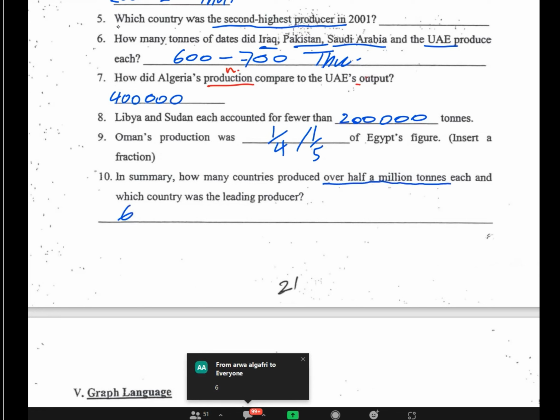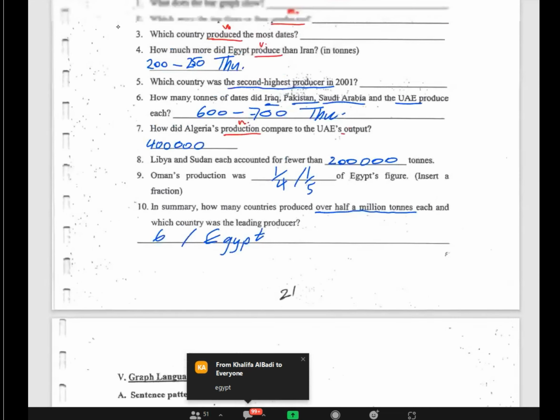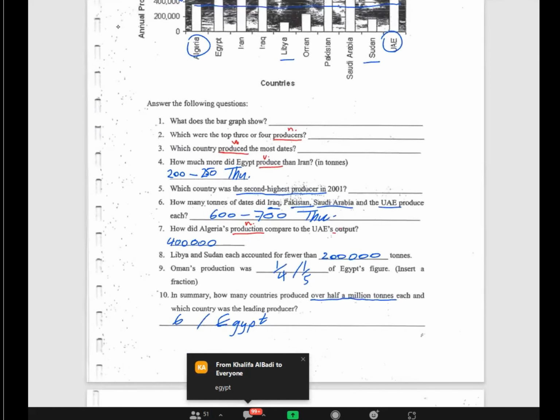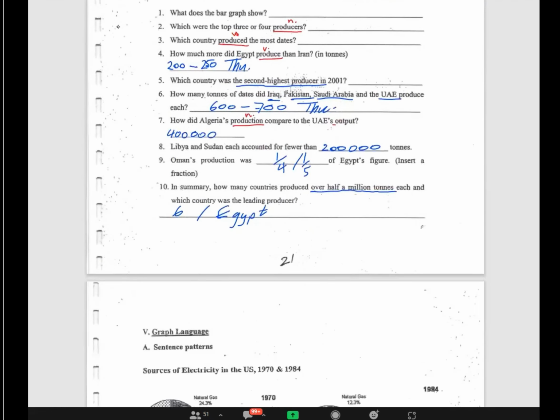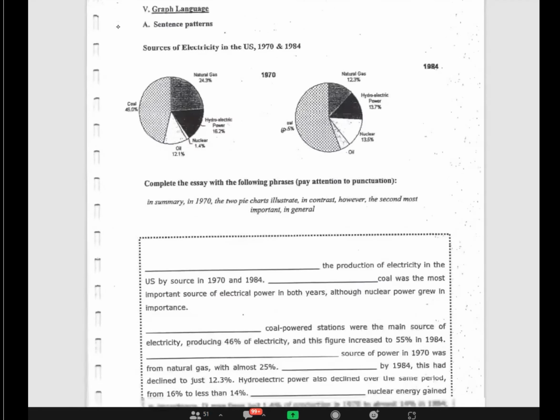And the leading producer was Egypt. Okay, so as I said, this will help you in how to organize your report later on. And that will be one of the choices of the homework that I will talk about today.